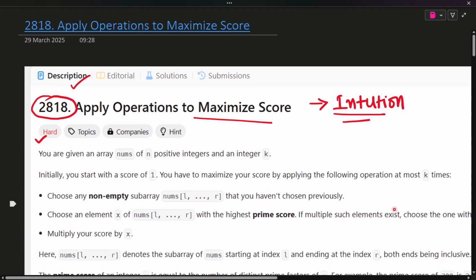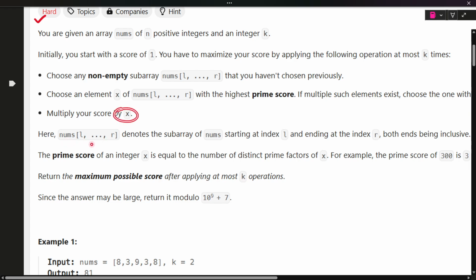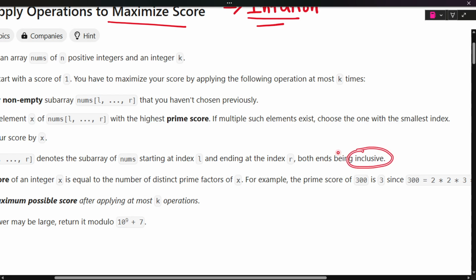Multiply your score by x. Here, nums L to R denotes the subarray of nums starting at index L and ending at index R, both ends being inclusive. It means that L and R are the actual indexes, not like L minus 1 or R minus 1 or something like that.